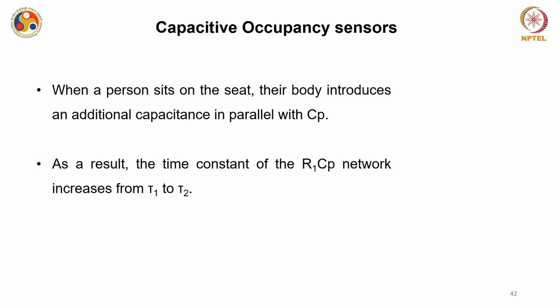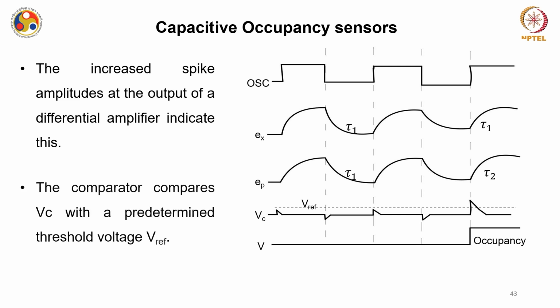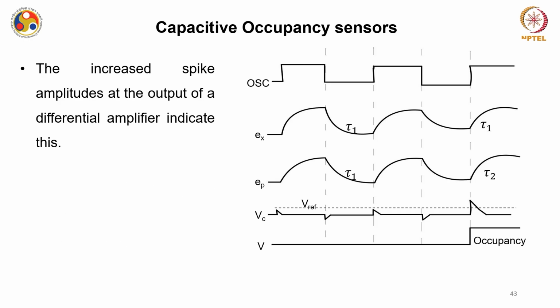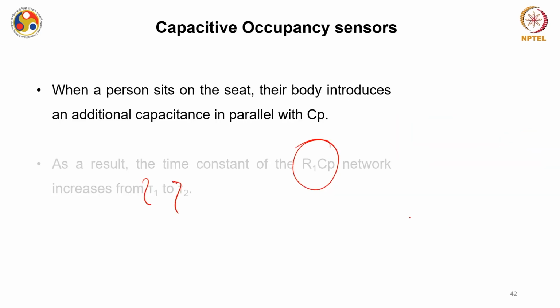As a result, the time constant of this R1 Cp network increases from tau 1 to tau 2. The increased spike amplitude at the output of the differential amplifier indicates this, and it comes as a voltage Vc. This is fed to the comparator, and you already have a threshold value or a reference value.